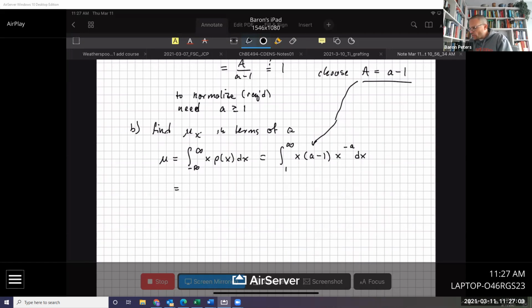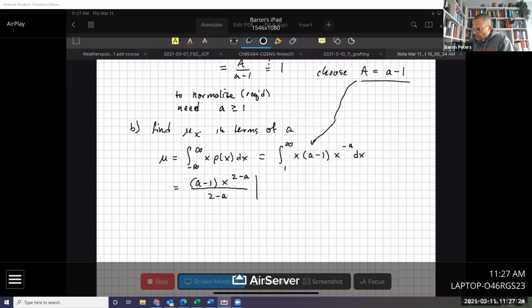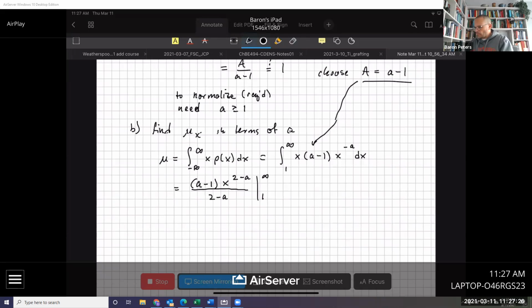All right, so this is now an integral of x to the power 1 minus a. So that's going to end up being a minus 1 times x to the power 2 minus a, using the power law again for integration, over 2 minus a. And I have to evaluate this at 1 and infinity, okay?